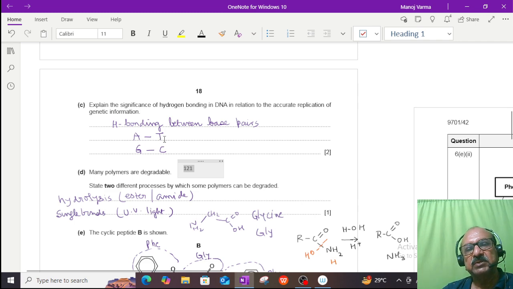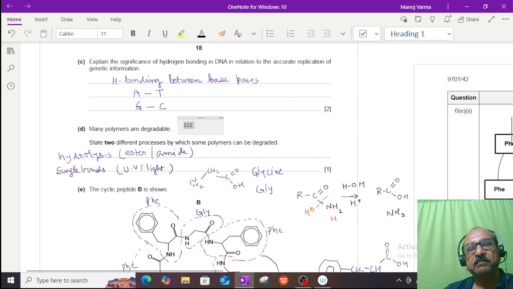These are the nitrogen containing bases present in the DNA, and guanine and cytosine, they also pair up, and the pairing always takes place in this manner because of the hydrogen bonding between these bases, and this is the reason for the accurate replication of the genetic information, because A will always be associated with T and G will always be associated with C.